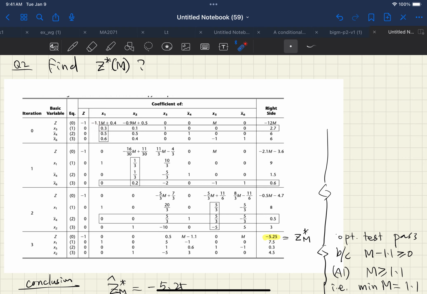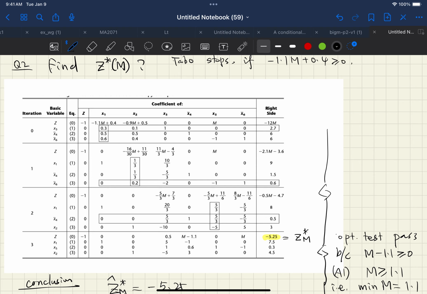So tableau 0 stops if negative 1.1M plus 0.4 is greater than or equal to 0.